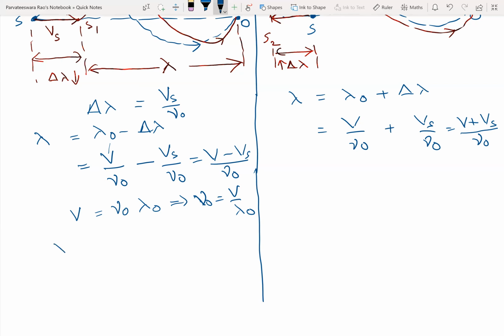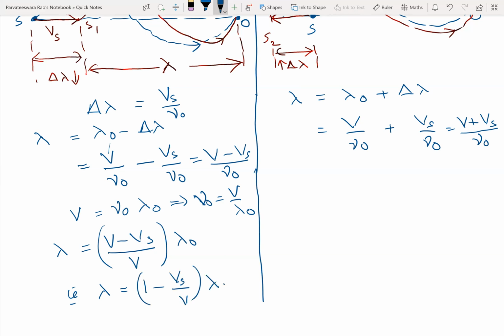So if you substitute in that, lambda will become V minus Vs by V by lambda naught. That is, lambda will be 1 minus Vs by V into lambda naught, which implies the wavelength is decreasing.